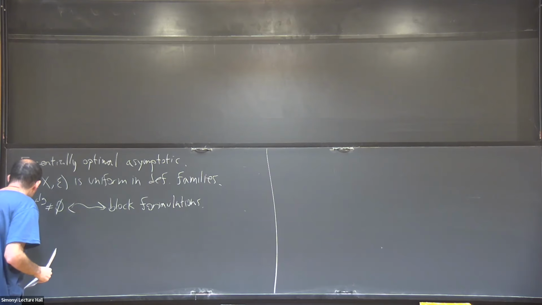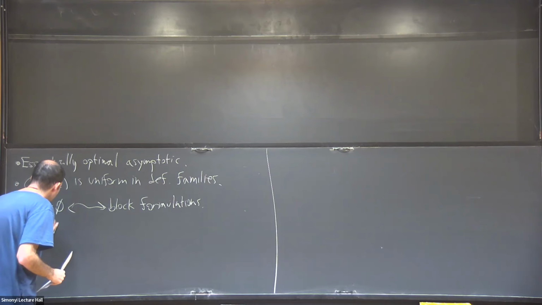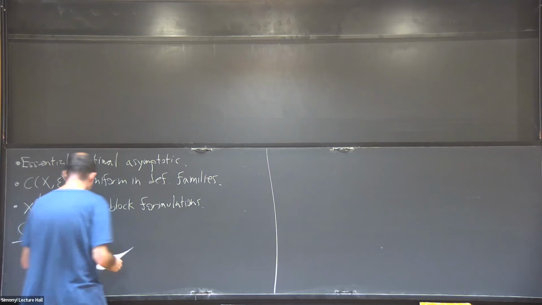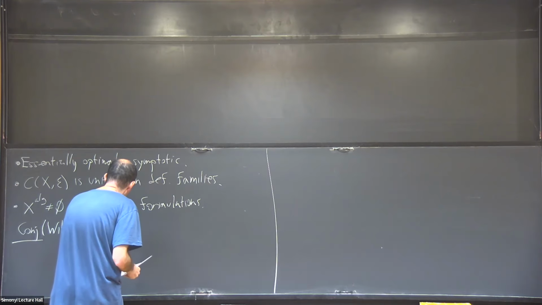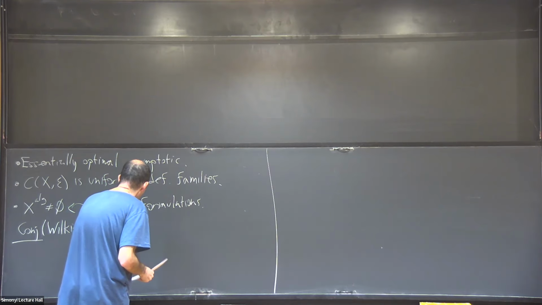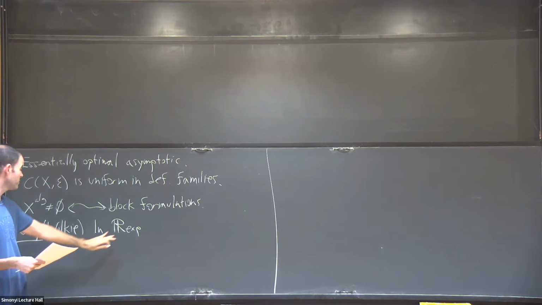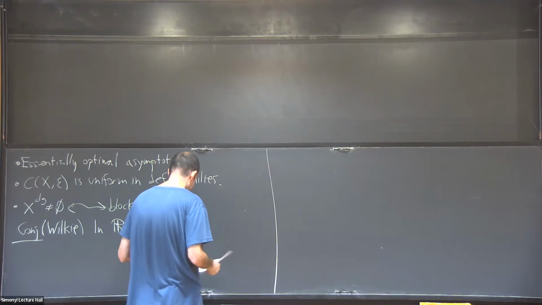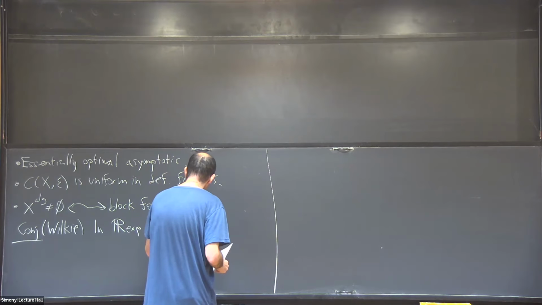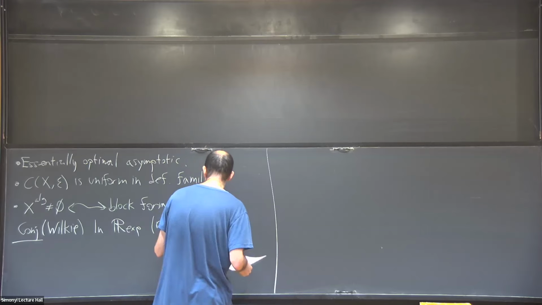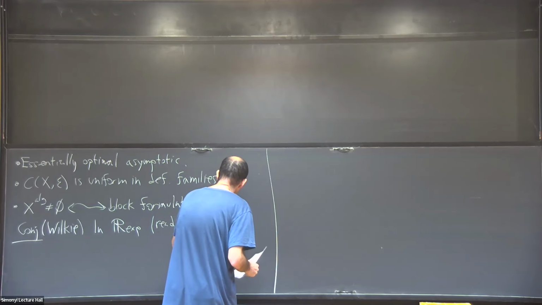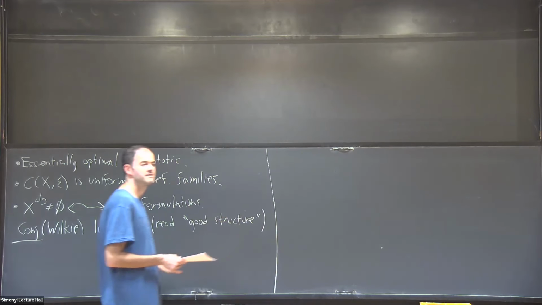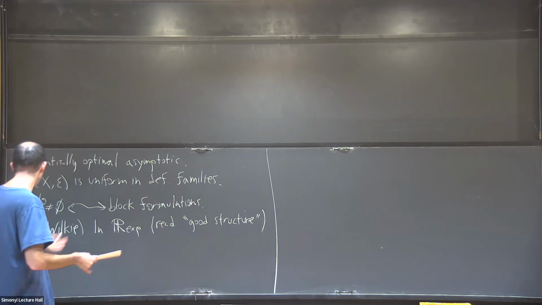So there's a conjecture by Wilkie, which is that in the structure R_exp, so if we take X to be definable not in any structure, but for instance in the structure R_exp, but this should be read as some good structure. He kind of picked R_exp out of his head, but I think the general belief was that if you have some nice structure generated by natural functions, then you should have a better asymptotic.